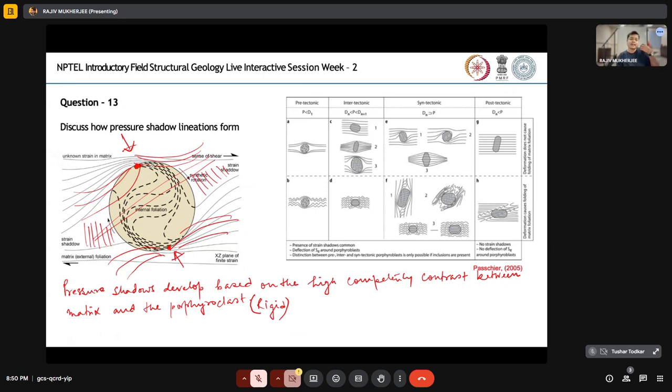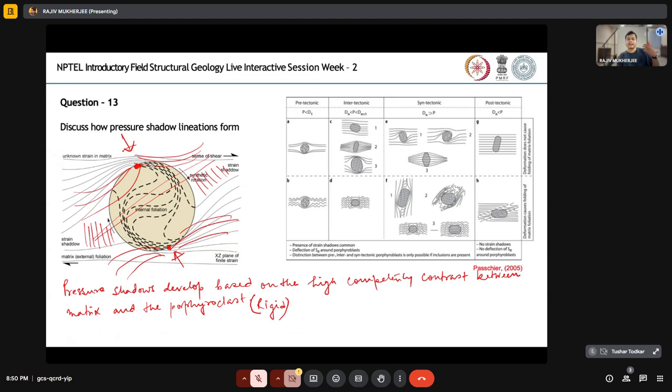And the last category is the post-tectonic porphyroblast, which simply overprints the pre-existing deformation event, and that is how we get porphyroblast which does cross-cut the pre-existing foliations and the signatures of deformation, and they do not show any sense of rotation or pressure shadow formations.